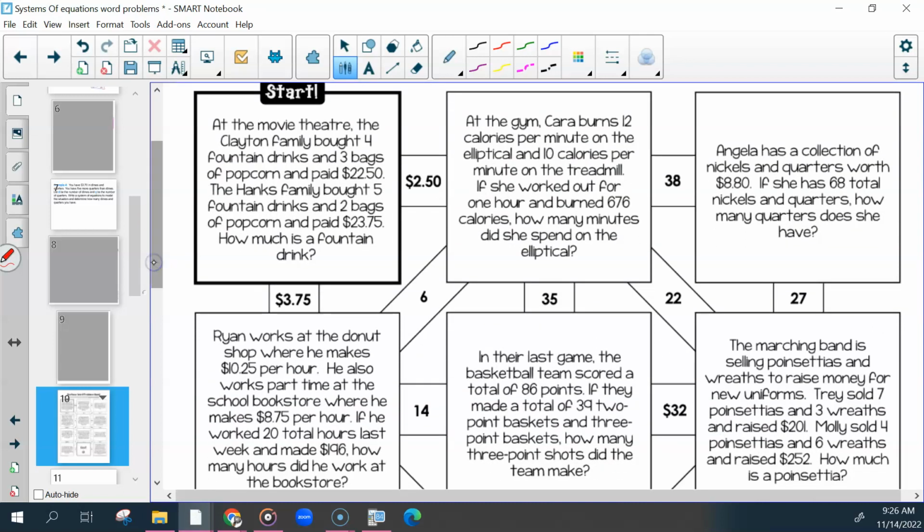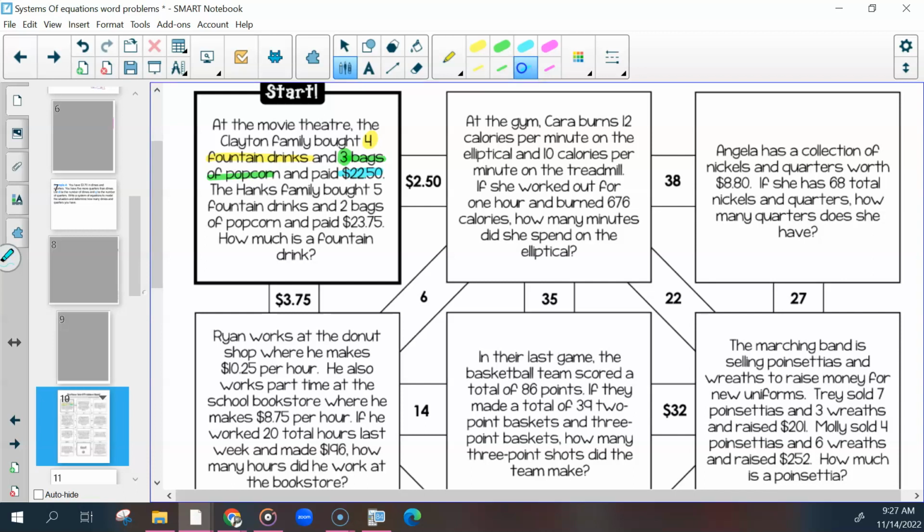So for this first example, read it, find important information. So we have so far important things: 4 fountain drinks, 3 bags of popcorn for $22.50.